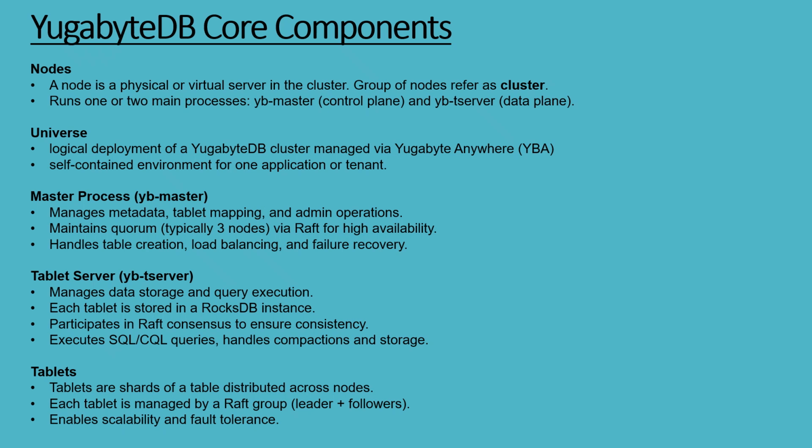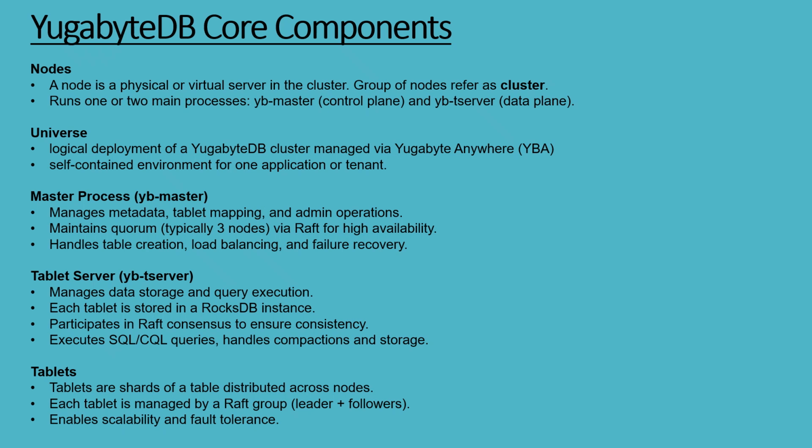Its key responsibilities include tracking tables, tablets, users, roles, permissions, as well as coordinating operations like table creation, tablet placement, load balancing, and other cluster configuration changes. It is also responsible for tablet to node mapping, so when a client sends a request, it knows which node to route the query to. This improves performance and efficiency.